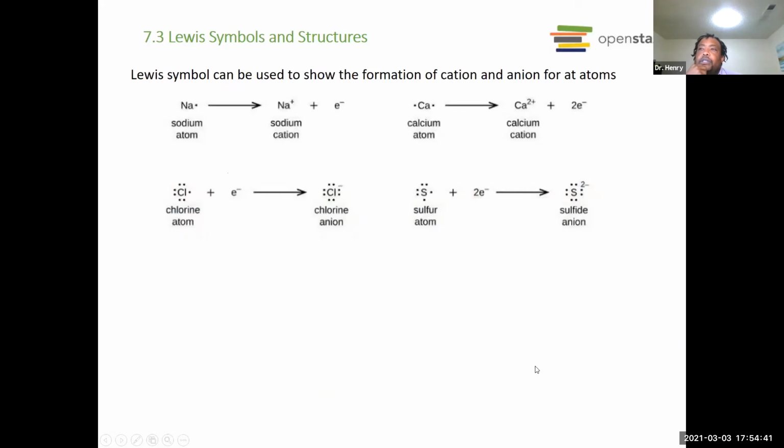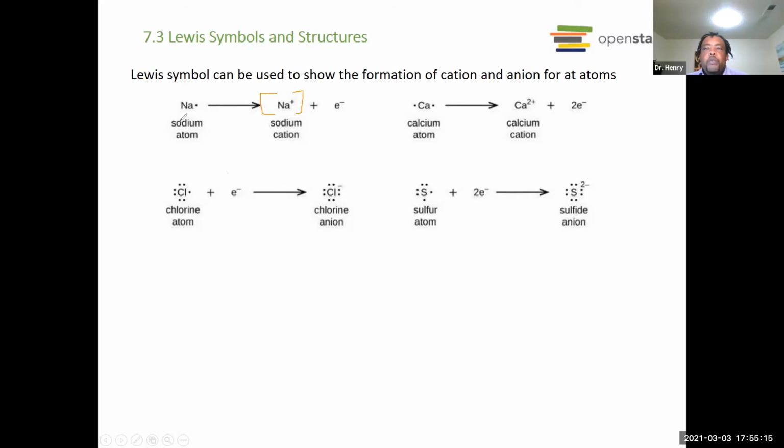Okay, so we know just from working with things that sodium wants to be like neon. And so it wants to lose an electron, right? We've talked about that before. And so this is showing you with the Lewis dot structure that sodium is going to lose an electron, so it has a free electron to trade or to give away.